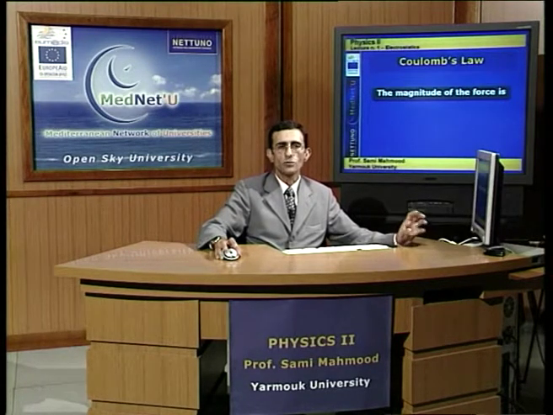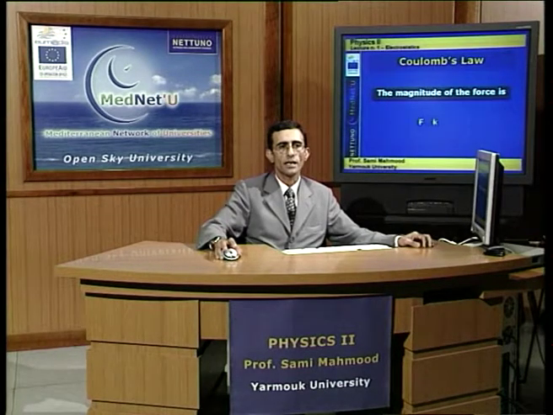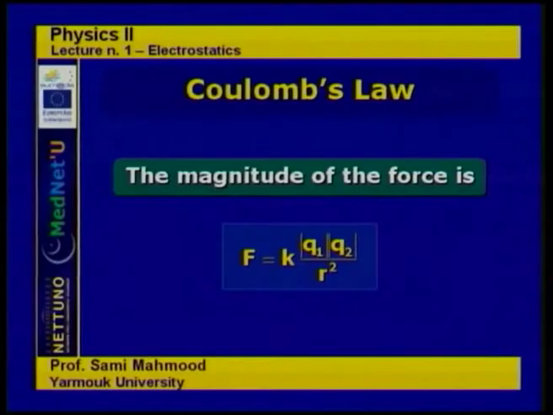The magnitude of that force of interaction is given by Coulomb's law, which reads: the magnitude of the force of interaction between the two point charges is proportional to the charge of the first point charge, Q1.